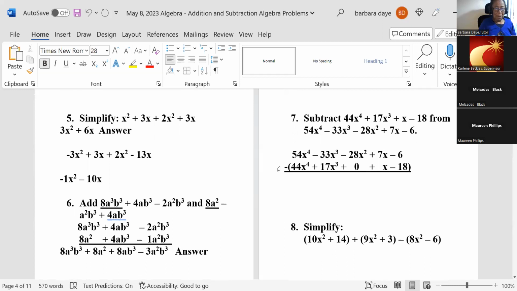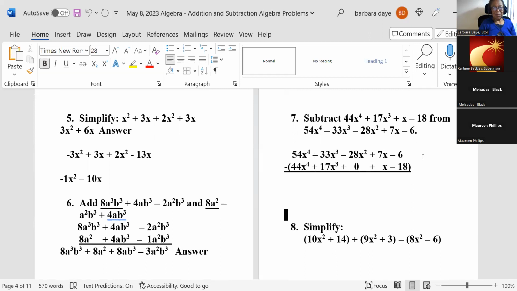Remember, I told you the minus in front for the subtraction means every sign here will change. So this is a minus, this is a minus, this is a minus, minus, plus. Got it? Okay. I'll give you a few minutes, tell me your answer.